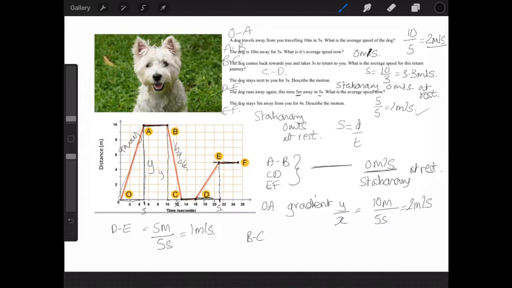It is the direction that the dog is moving in, whether they're getting further and further away from us or getting closer and closer to us. So this final bit on the screen right now will be B to C, and we have got our y value is worth 10 metres, our x value is worth 3, which is why we end up with 3.3 metres per second for that value.